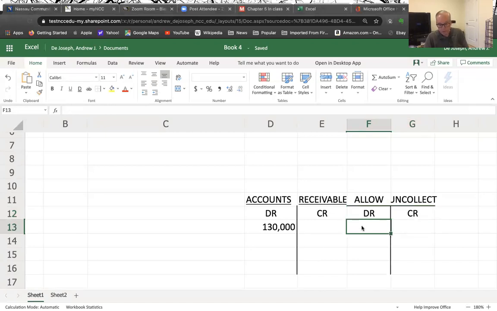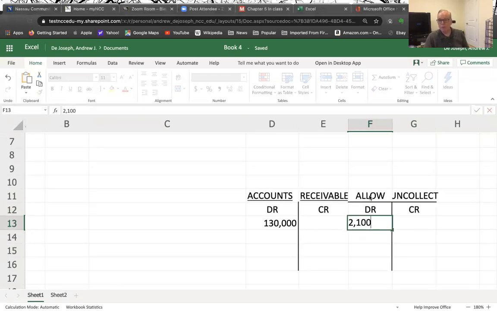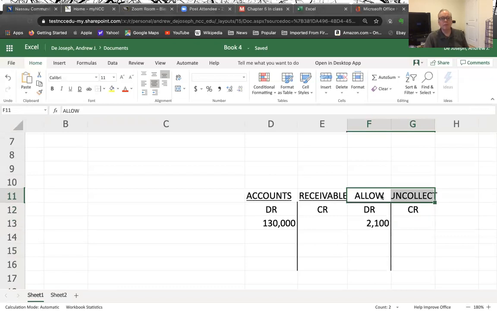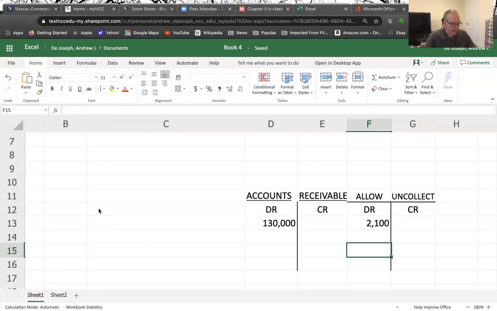Now, they told you that the balance was $2,100 before adjustment. Right? $2,100 before adjustment.